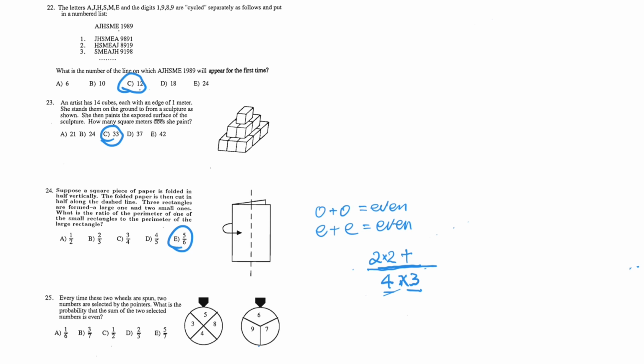For even numbers, the first spinner has 2 even numbers and the second has just 1, so 2 times 1. The expected events are 4 plus 2, that's 6. The total events are 4 times 3, that's 12. Cancel 6, that's 1 over 2. So the probability that the sum of the two selected numbers is even is 1/2. That's the answer C.